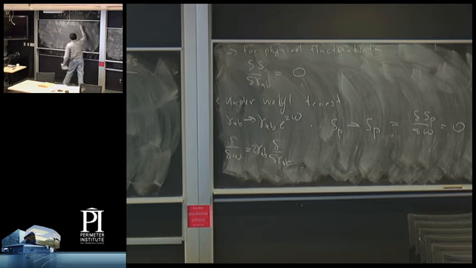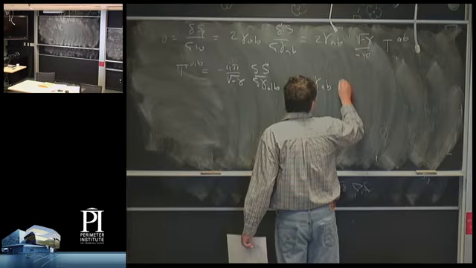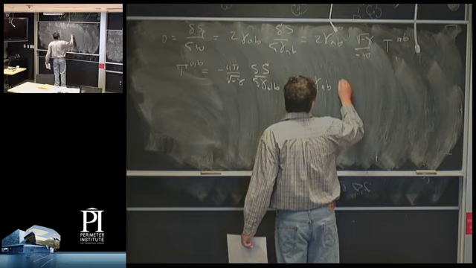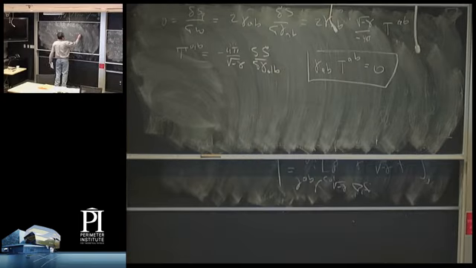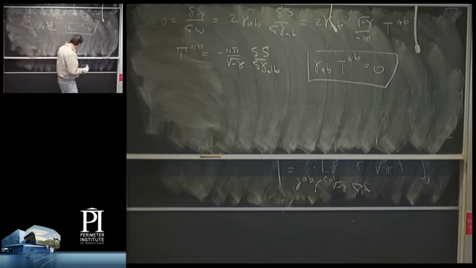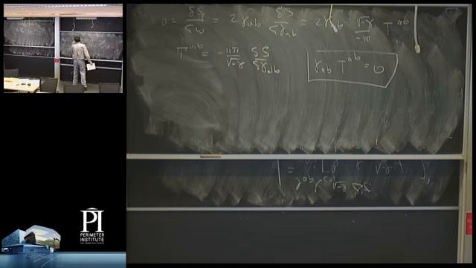So the variation delta S over delta gamma is square root of minus gamma over minus 4 pi times TAB. And so you can see that the invariance of the action with respect to the Weyl parameter omega requires that gamma AB TAB equals 0. In other words, the stress energy tensor is traceless.